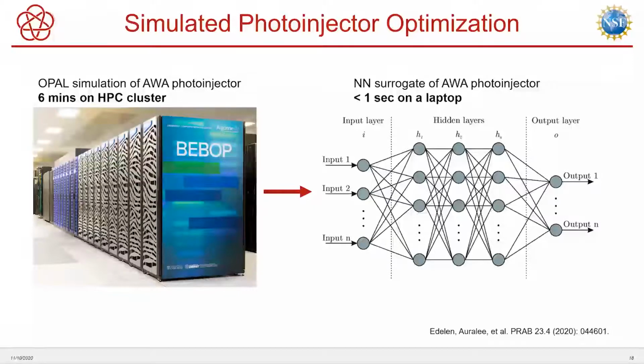Alternatively, I can use recent progress in neural network surrogate modeling to reduce the computation time for evaluating each input and the resulting outputs, by using a surrogate model of the AWA photoinjector that was developed by Auralee and everybody else at SLAC. This allows me to rapidly test and improve these novel optimization algorithms.